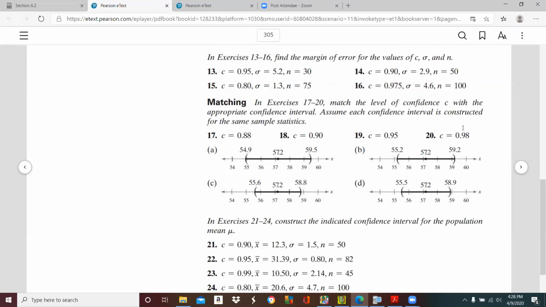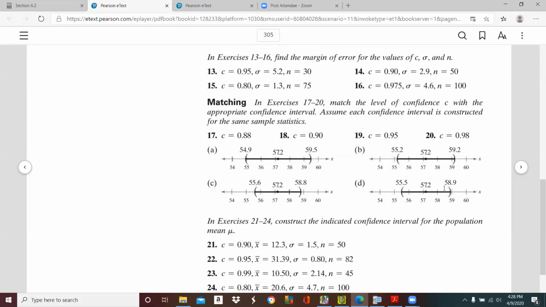Well, you just take a look at the left endpoints here. The left endpoints. All right. The one that's the most narrow has the largest left endpoint and the smallest right endpoint. All right. If we subtract these two numbers here, we get 3.2. 58.8 minus 55.6 is 3.2.